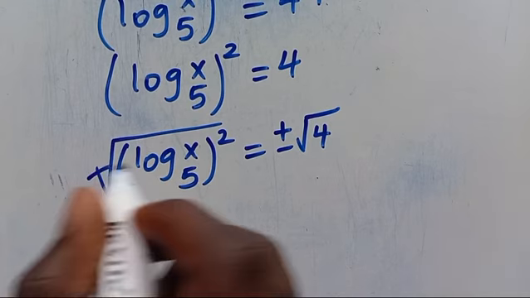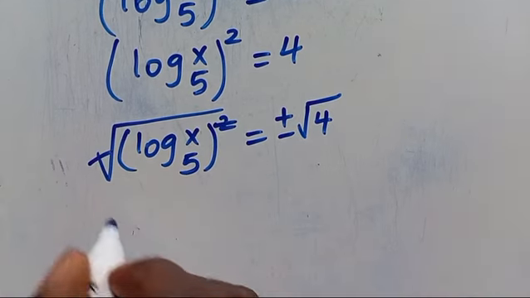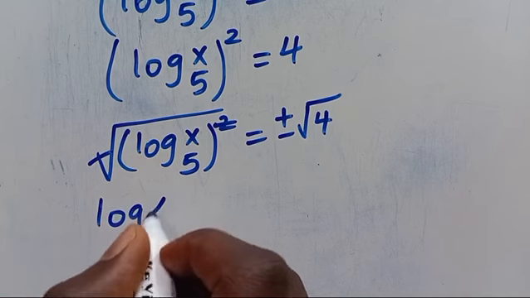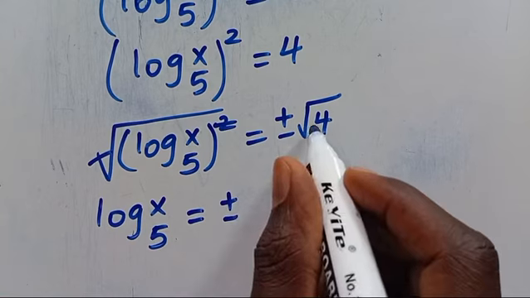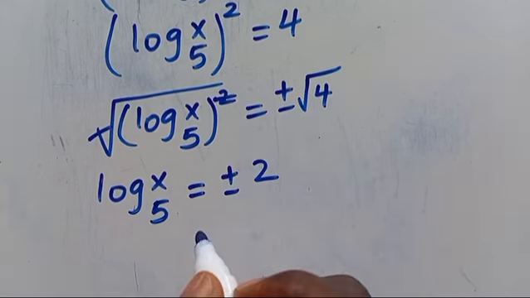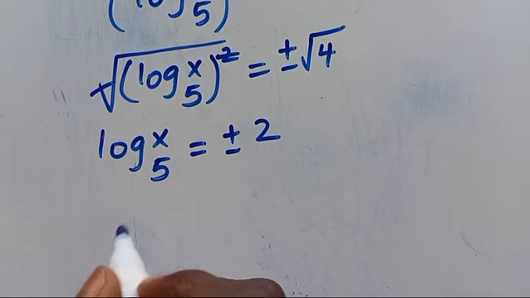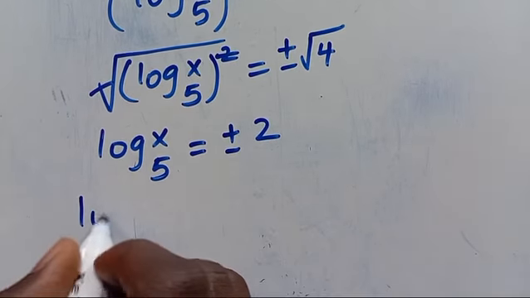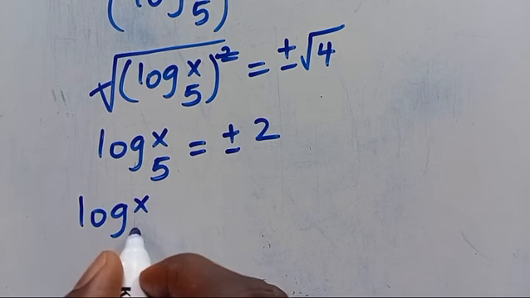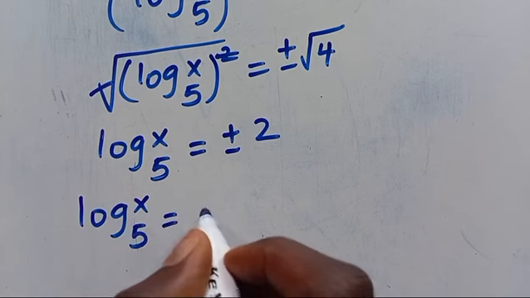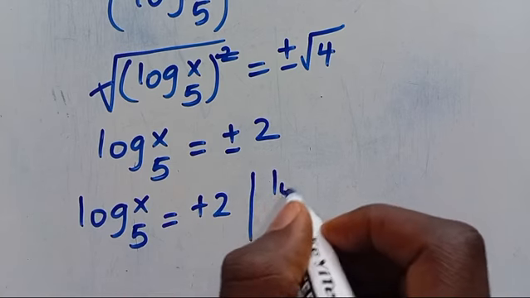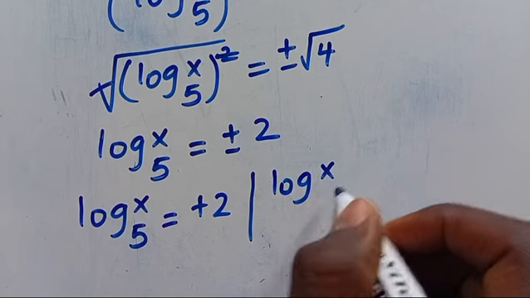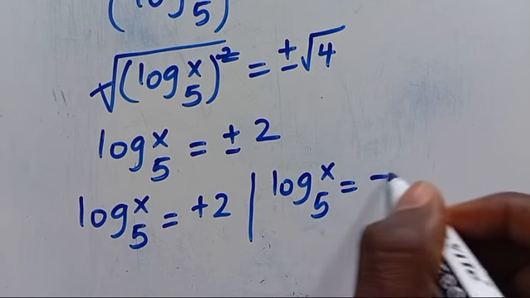From here, we cancel the root and the power, and we have log x in base 5 equals positive or negative root 4, which gives us 2. So we have two options. The first one is log x in base 5 equals plus 2, and we also have log x in base 5 equals minus 2.